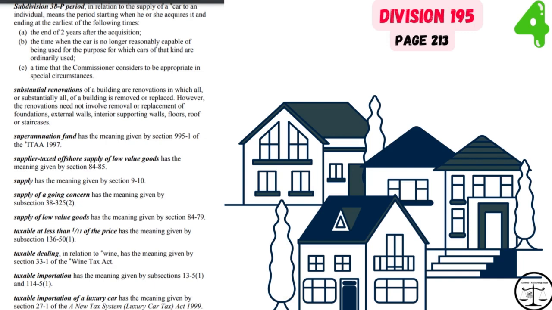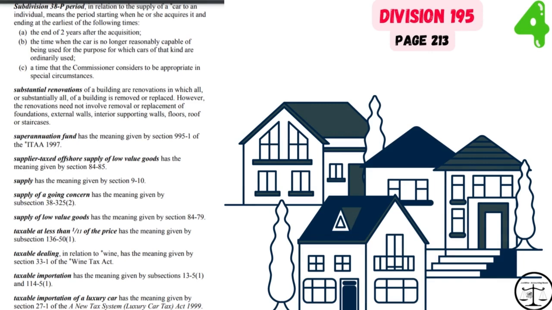Next page is page number 213. Word number 25. Subdivision 38P period. 26. Substantial renovations. 27. Superannuation fund. 28. Supplier taxed offshore supply of low-value goods. 29. Supply. 30. Supply of a going concern. 31.